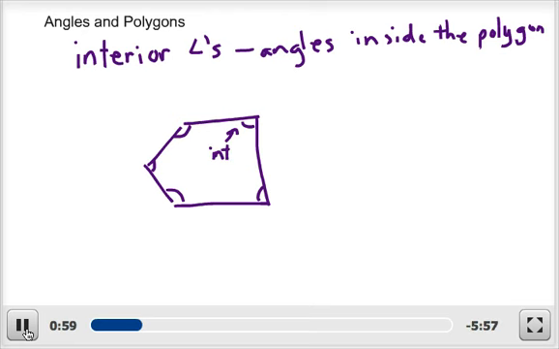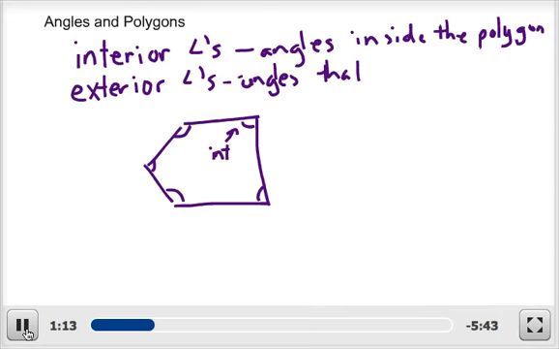An exterior angle, we're going to talk about next. Exterior angles are the angles that are adjacent. Remember that from our previous lesson, meaning right next to and sharing a side of, adjacent to the interior angle.